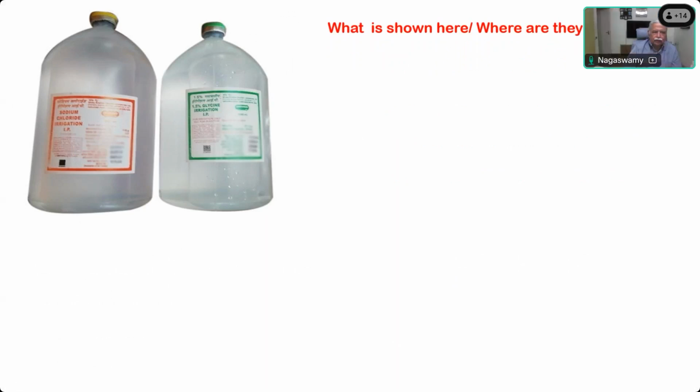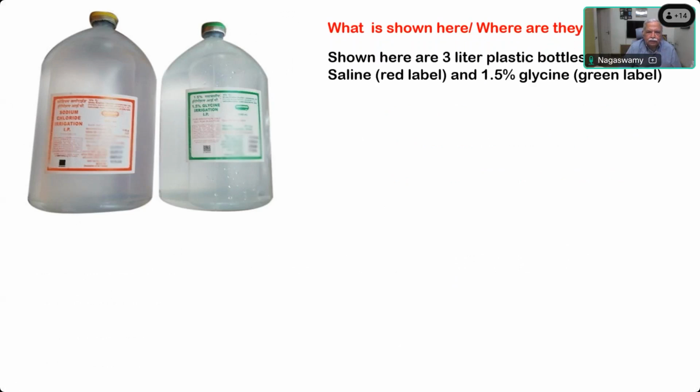How many liters is this bottle? 5,000? Shown here are 3 liter plastic bottles of saline and 1.5% glycine. Both are only 3 liters, 3000 ml bottles. So that is what is shown here. That is the first part of the answer.